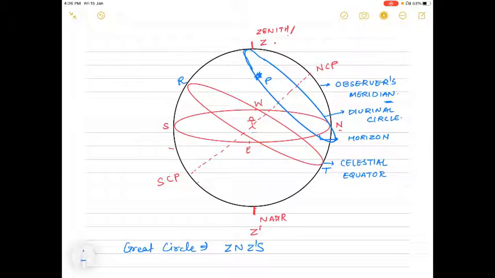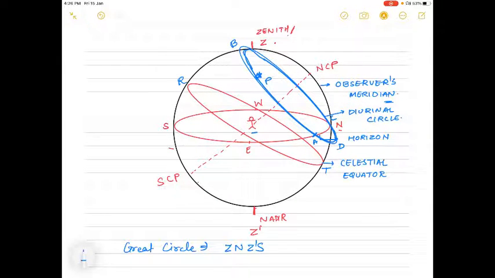Now here you can see that this is the observer, and this is the observer's horizon. When the star follows this trajectory from east to west, suppose I name the points A, B, C and D. In the arc ABC, the star is rising, it is in the northern hemisphere, and it is visible to the observer.